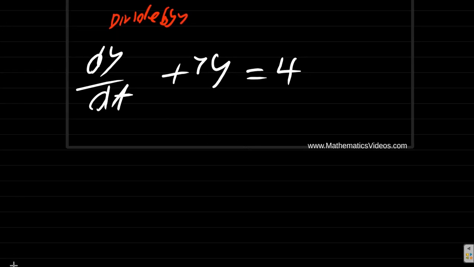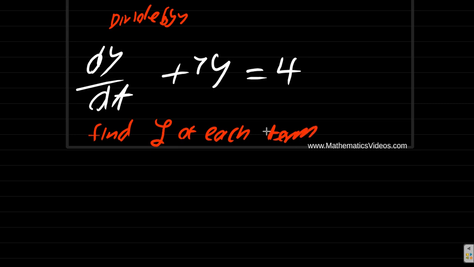Now, the next step is to find the Laplace transform of each term. I didn't bother to write out the full word Laplace transform. I just use the curly L as is customary for the Laplace transform. So in this case, we need to find the Laplace transform of dy by dt.